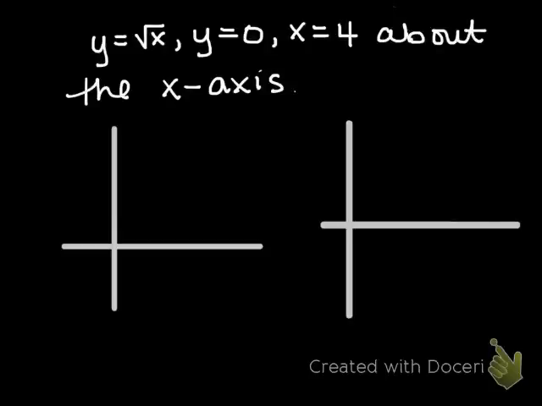We have y equals the square root of x. So when we sketch that, we're going to have square root of x. We are also bounded by y equals 0, so that is the x-axis. And then we're bounded at the value x equals 4.